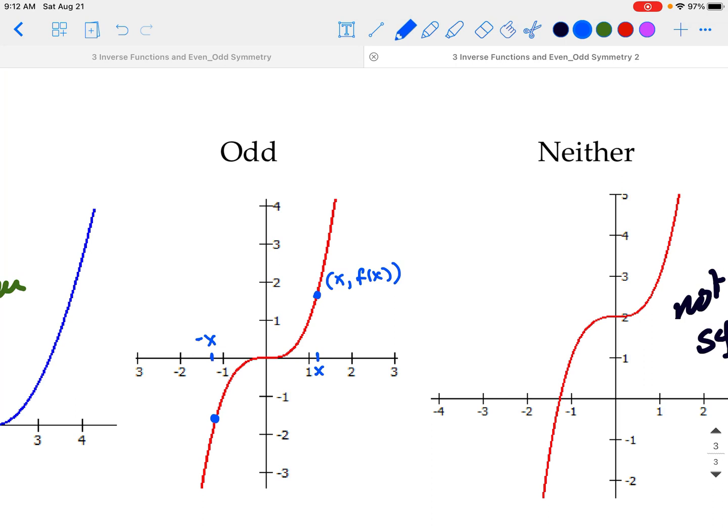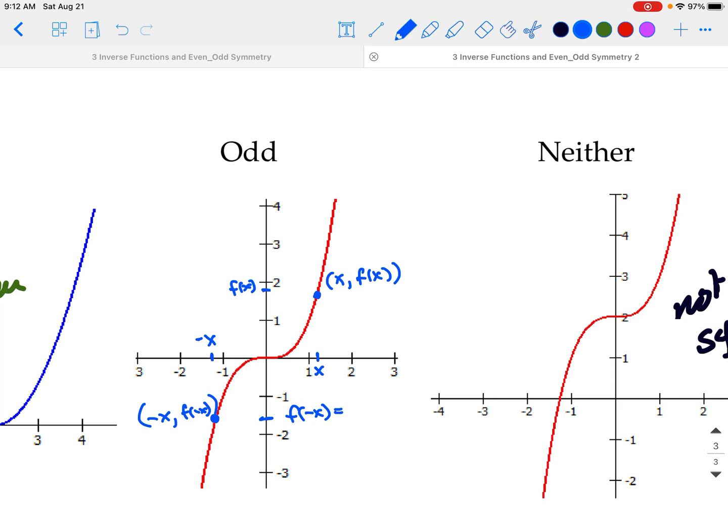So we'll still have x, f of x, and then we'll have negative x comma f of negative x similarly, but now they're not the same, they're actually the opposite.